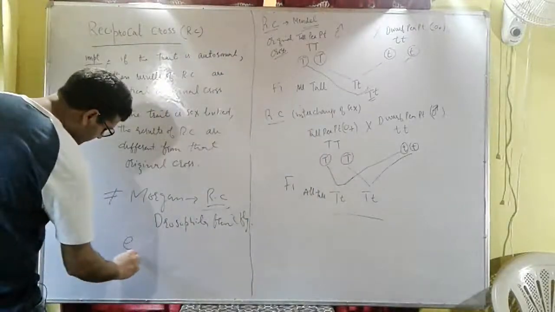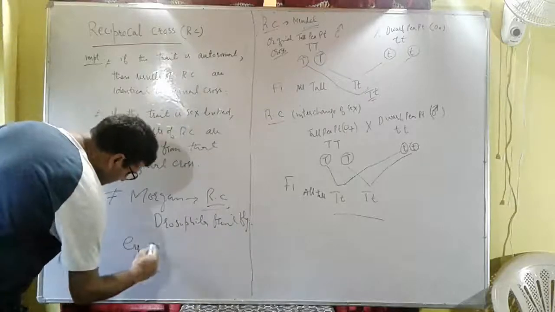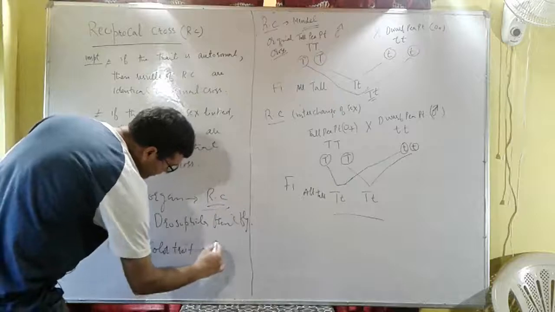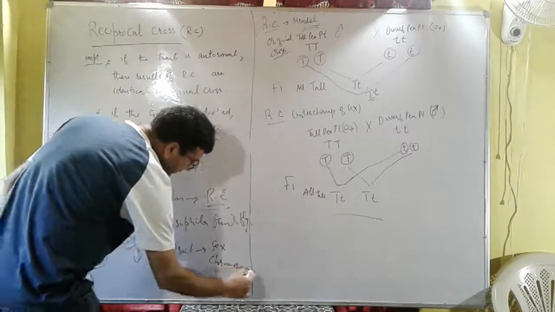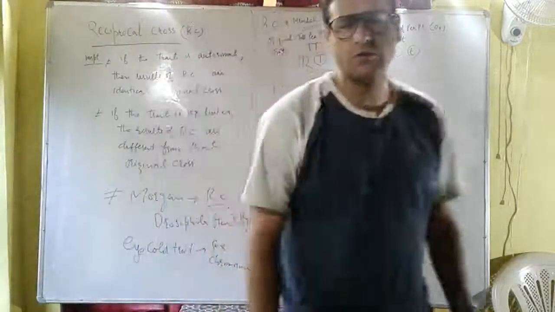That means the eye color trait is located on the sex chromosome.